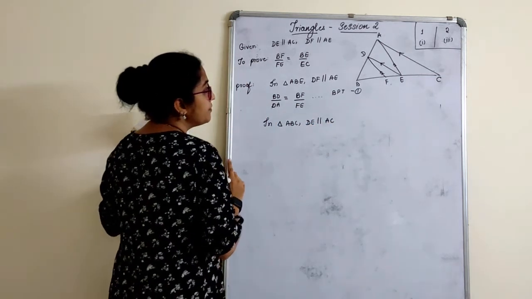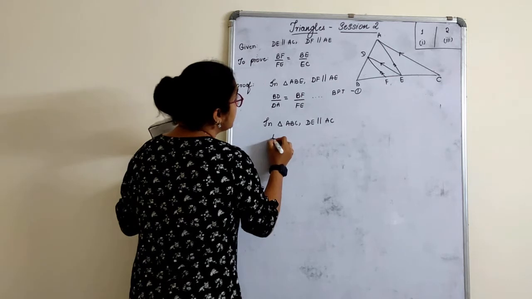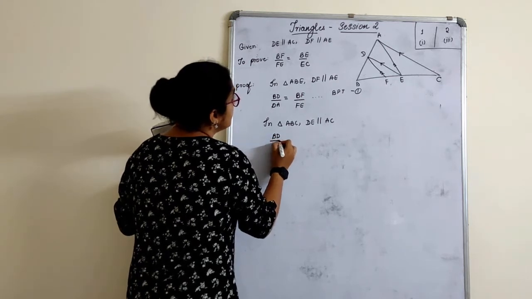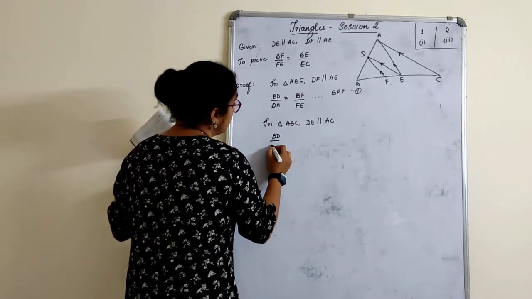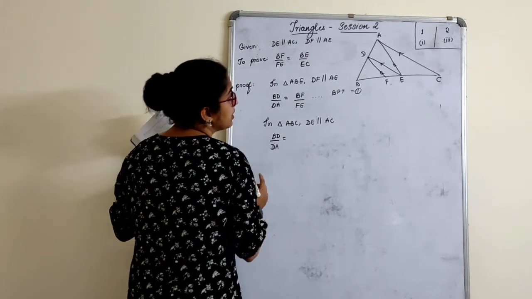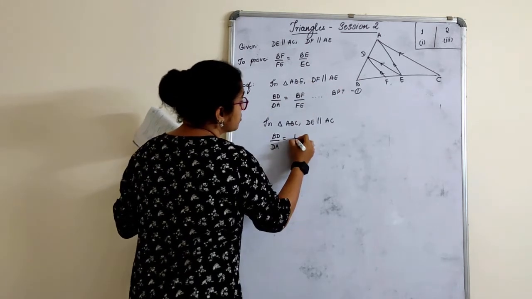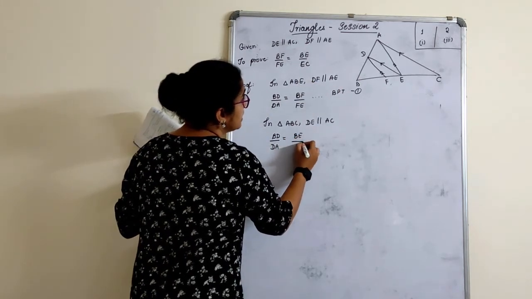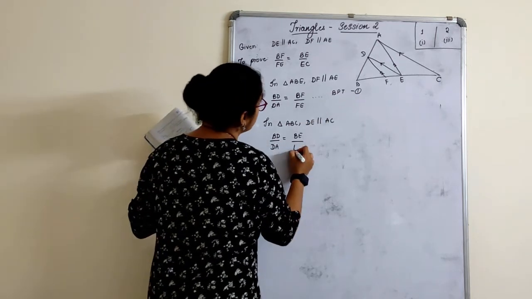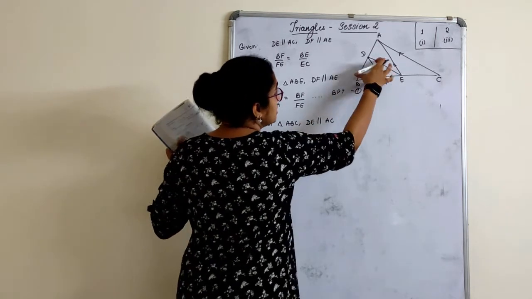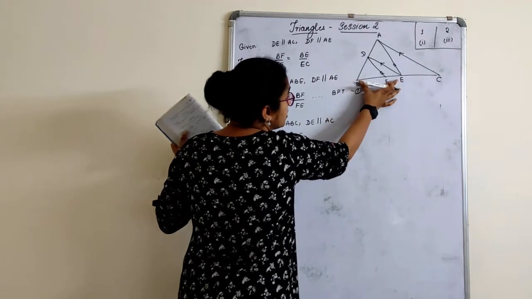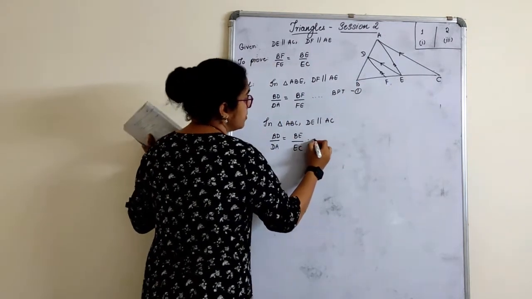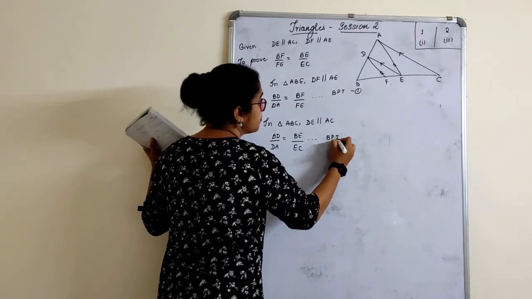AC. So if DE is parallel to AC, again how do I get BD upon DA equal to, on this side, BE upon EC. Right? See here, this is parallel, so it is this upon this. Reason: BPT.